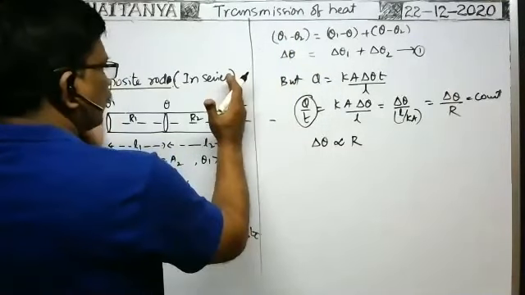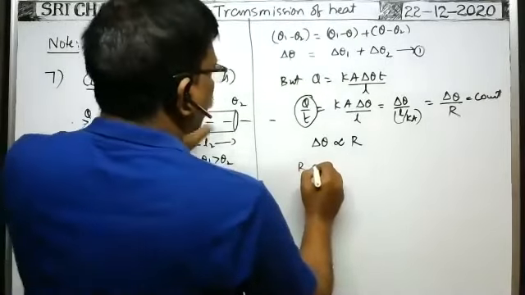That is directly proportional to effective thermal resistance across the composite rod. That is R. R is equal to, from equation 1.